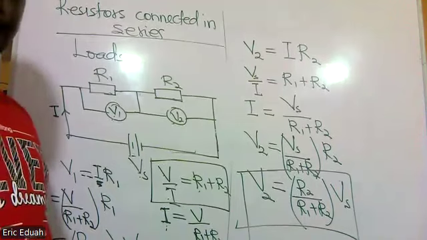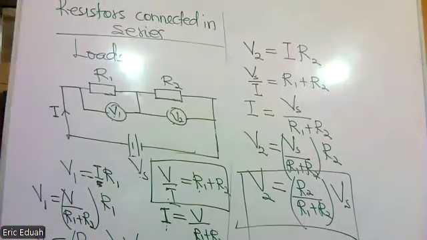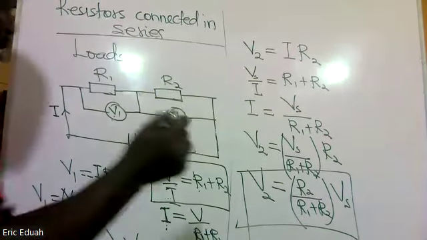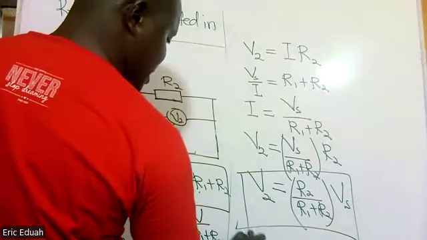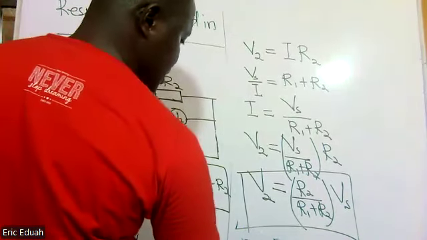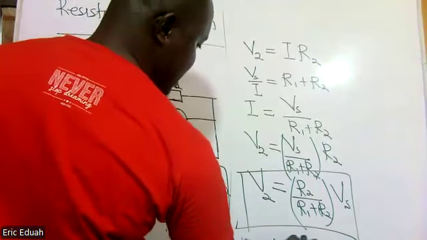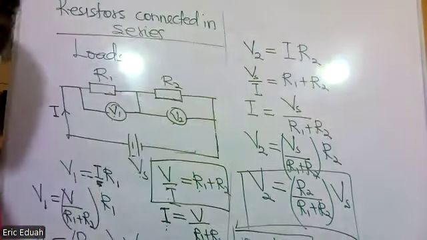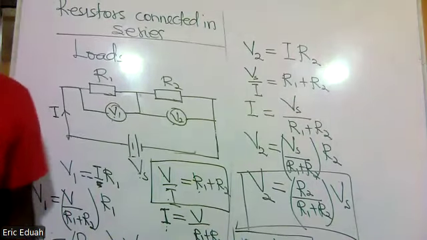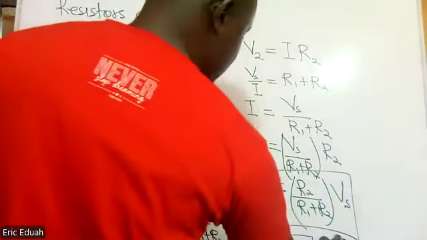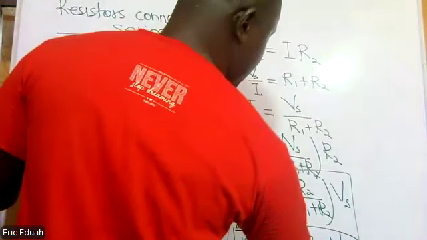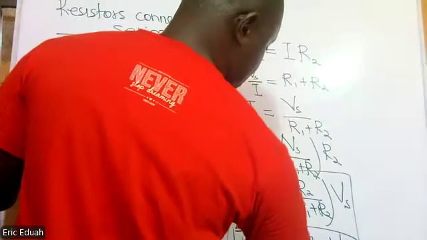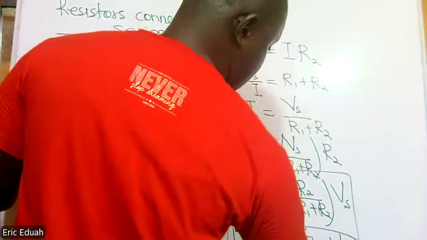All right. Now, generally, all that we are saying is that when resistors are connected in series, the total resistance is equal to the sum of all the individual resistances, or this is also equal to source voltage divided by current.